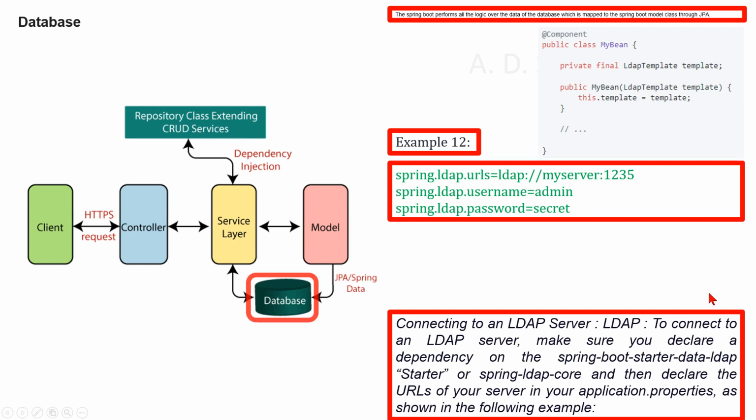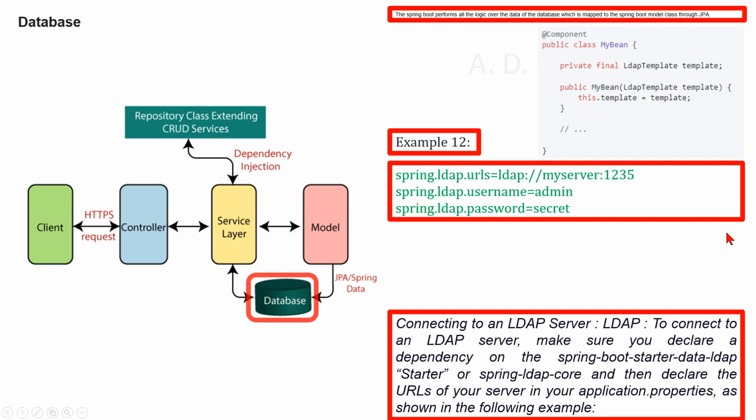LDAP context source is auto-configured based on these settings. If a DirContextAuthenticationStrategy bean is available, it is associated with the auto-configured LDAP context source. If you need to customize it, for instance to use a pooled context source, you can still inject the auto-configured LDAP context source.